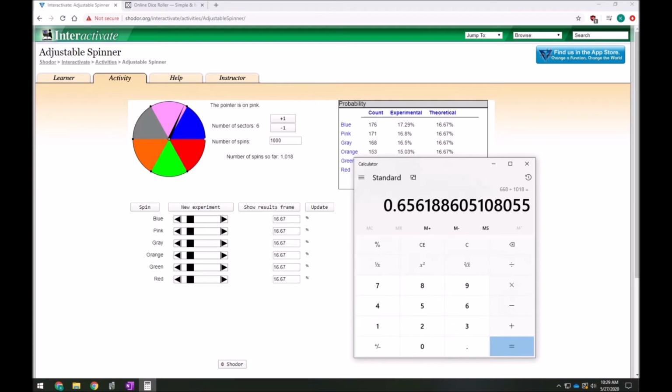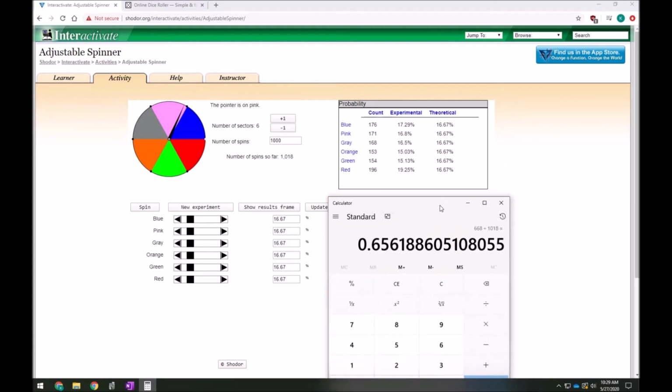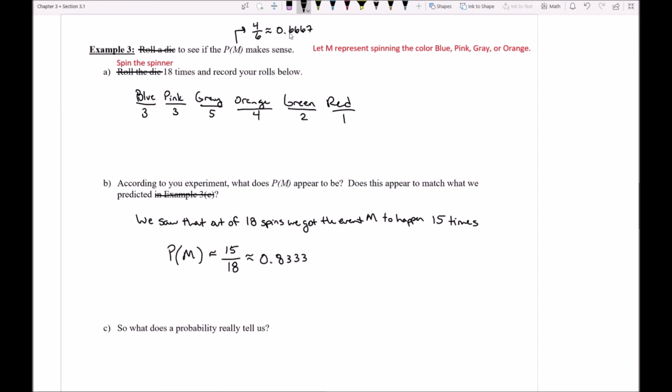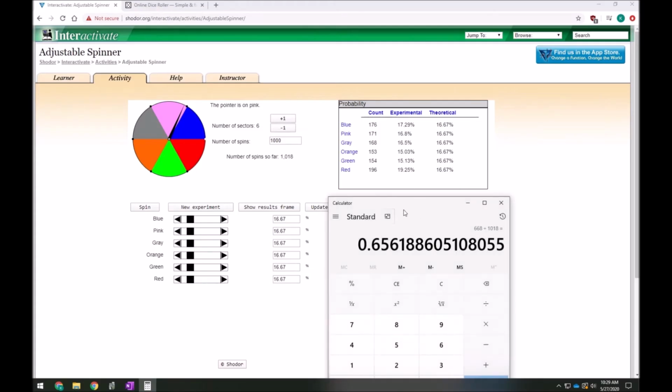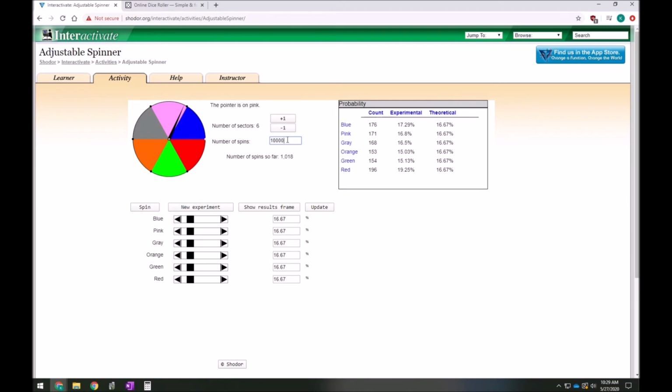Well, if I look at that, notice, am I getting closer to that percentage that was the 0.6667? Yeah, I actually was. I was getting a lot closer. Notice if I spin it maybe, say, another 10,000 times, I could start to see how these probabilities will adjust.